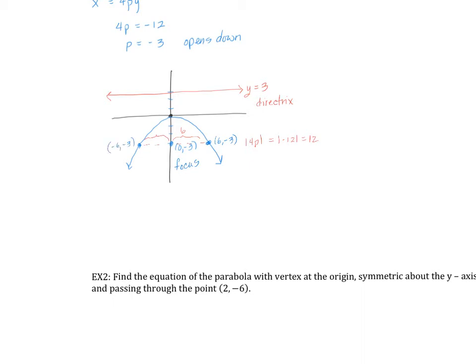So we do need 3 points on our parabola. We have our vertex, and we have these 2 points so that we can see how wide our parabola is. Now the other important information again would be the focus, which is a point that's not actually on your parabola, and then your directrix, which is the line opposite of the focus.